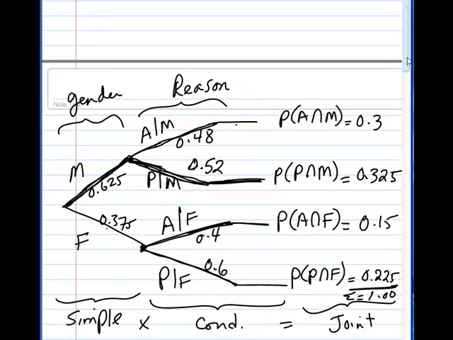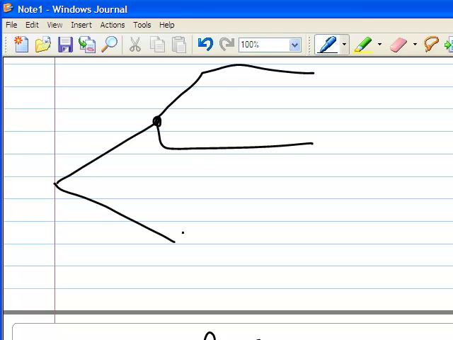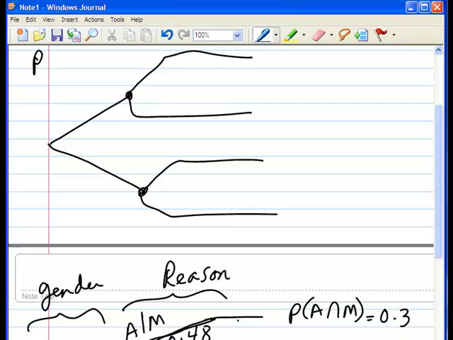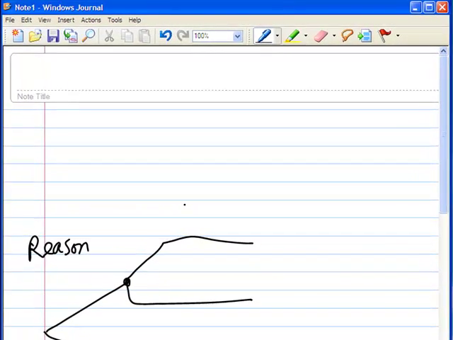So at this point, coming back up here, let's take this tree diagram and let's flip it, meaning now we're going to start our first set of events to be reason, and we want our second set of events to be gender.